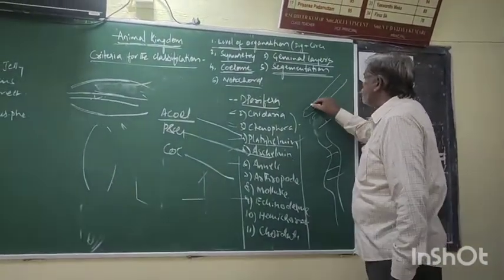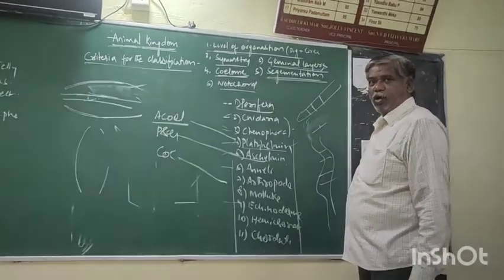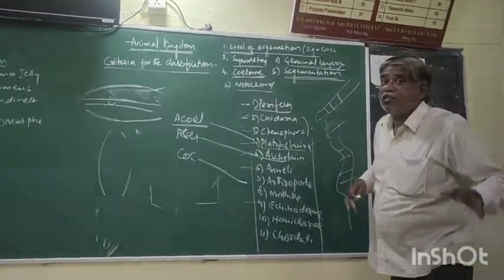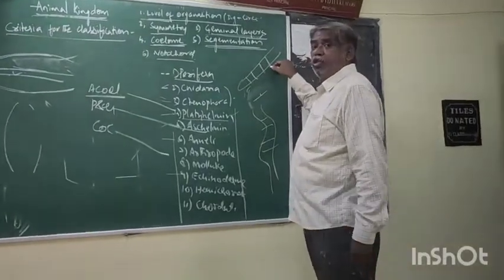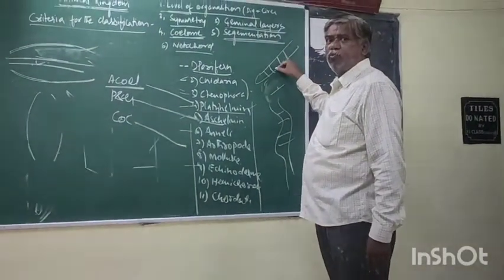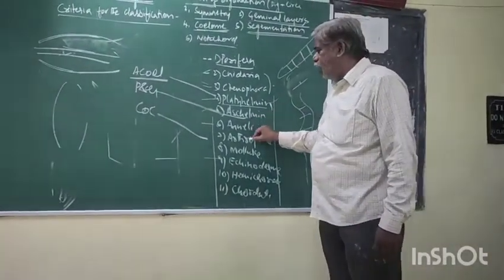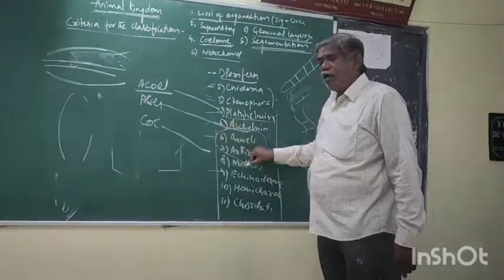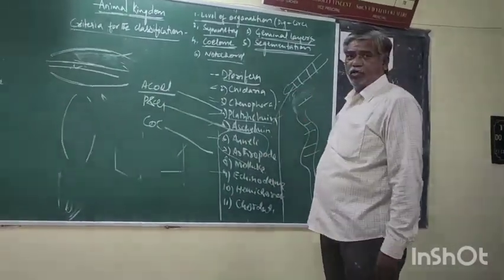Earthworm also has segments. The segmentation of earthworm, not only earthworm, Annelida and Arthropoda, are the two phyla which show true segmentation.